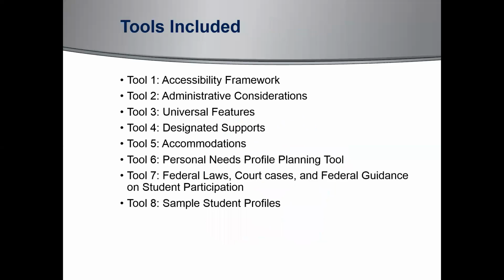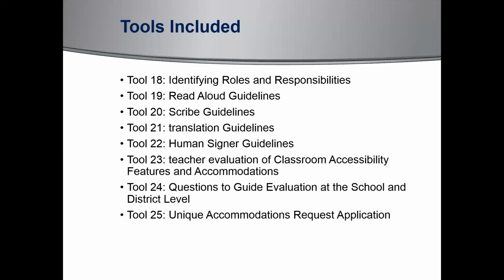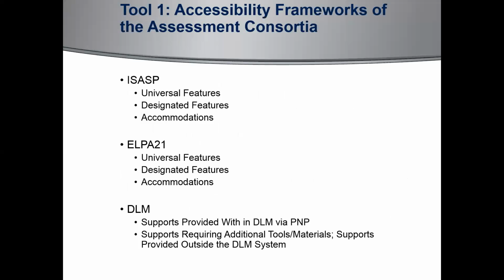The manual includes several tools used to support teachers and districts in determining accessibility supports for students. I will go over just a few of the tools that are available in the back of the manual.